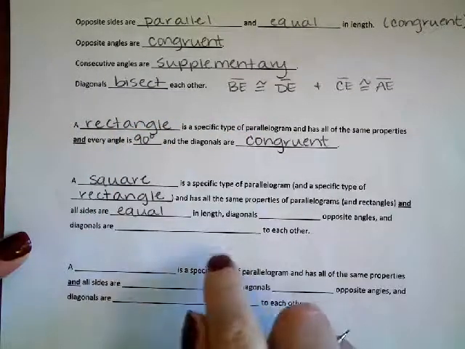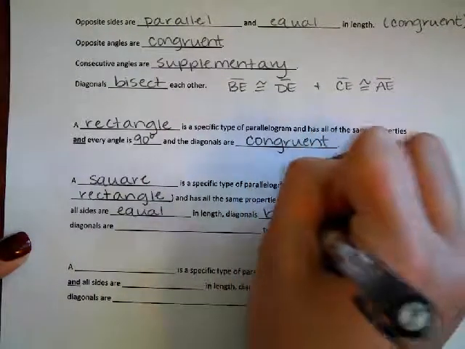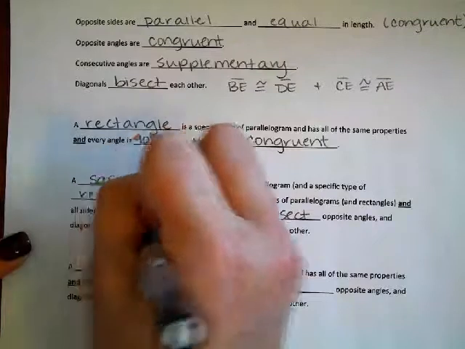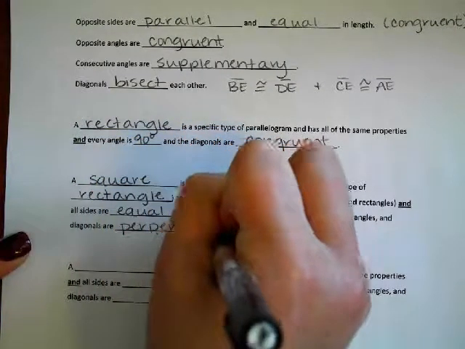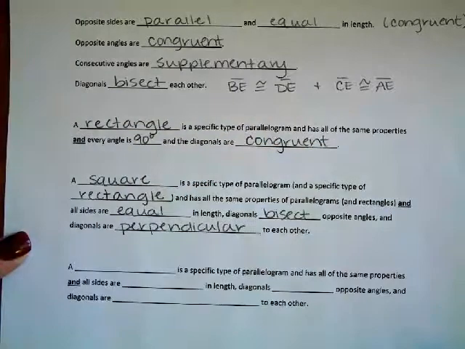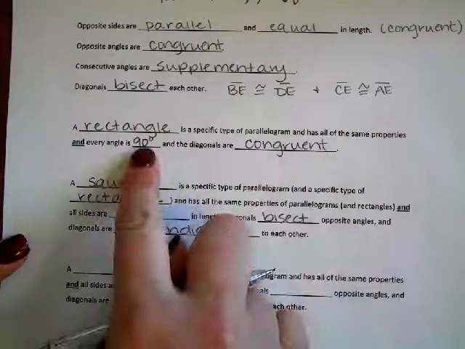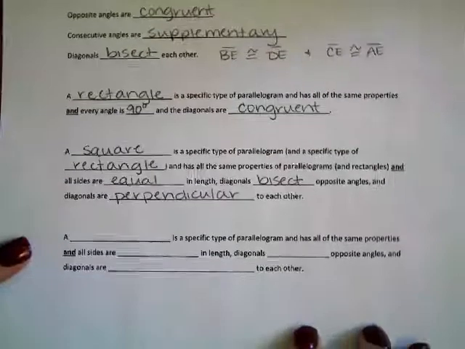The diagonals bisect the opposite angles, and the diagonals are perpendicular to each other. So when you're talking about a square, all this stuff is true, and this stuff is true, and we got some more properties. So you got a little bit more that's true.